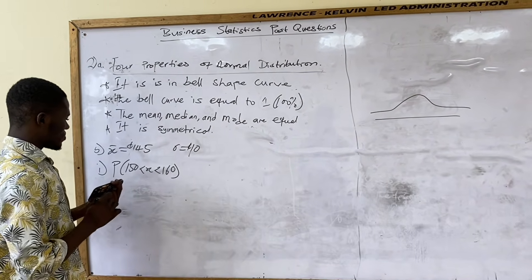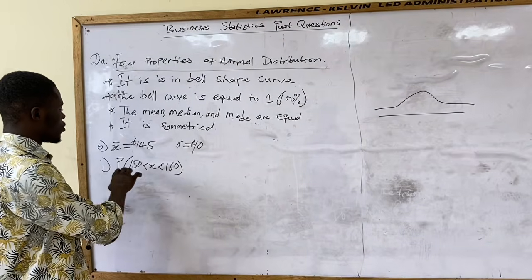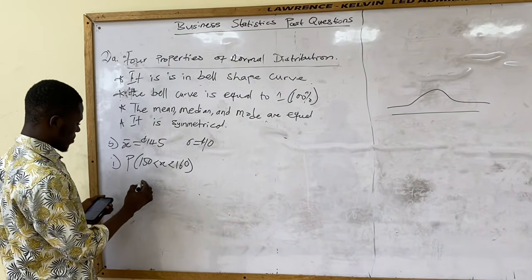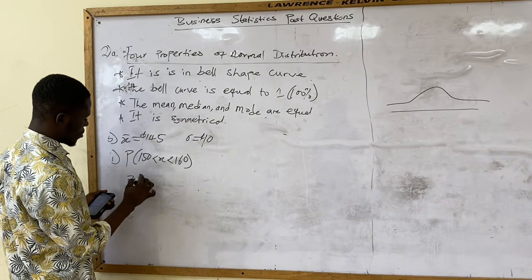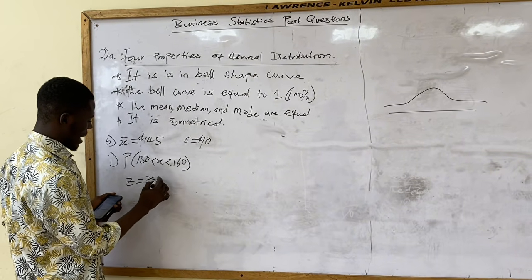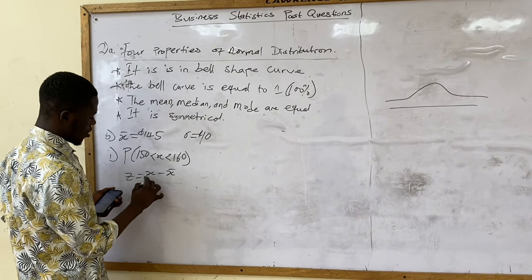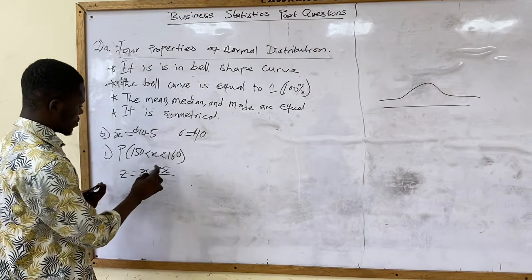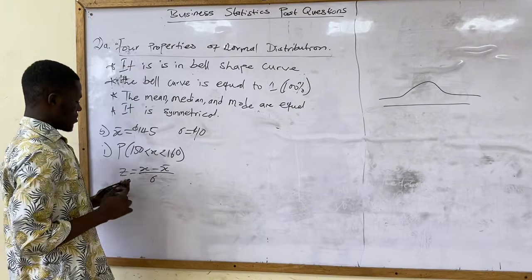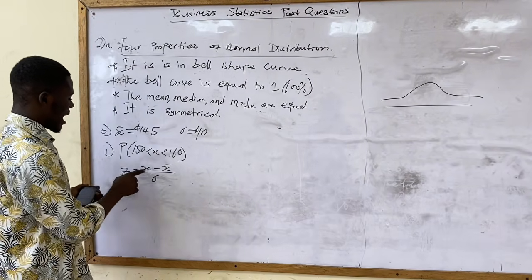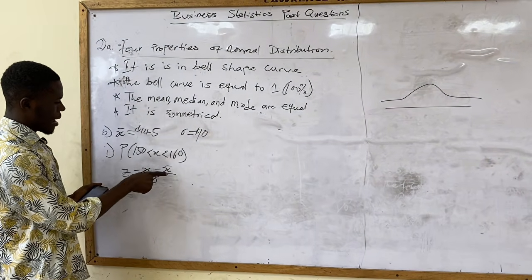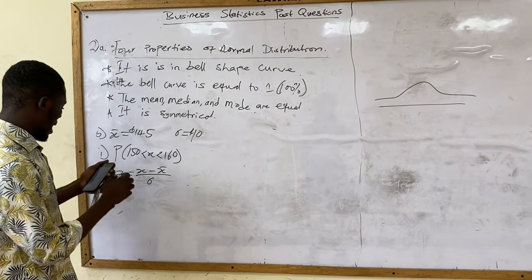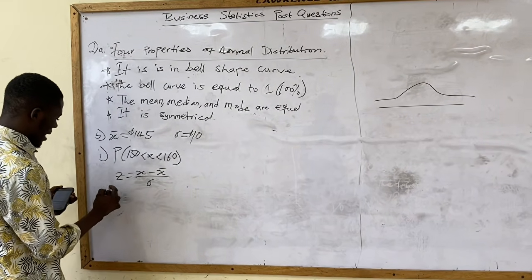Okay, now we need to look for the formula to solve this. The formula gives us Z equal to S minus our mean, all divided by our standard deviation. Here you can also replace S by N. So since we have S as 150, our mean as 145, and the standard deviation as 10, let's look at the first one.